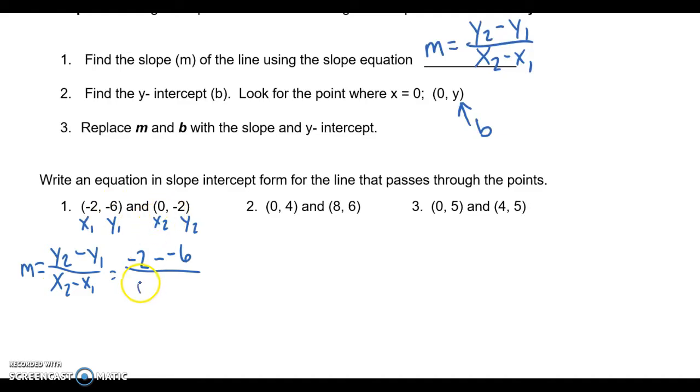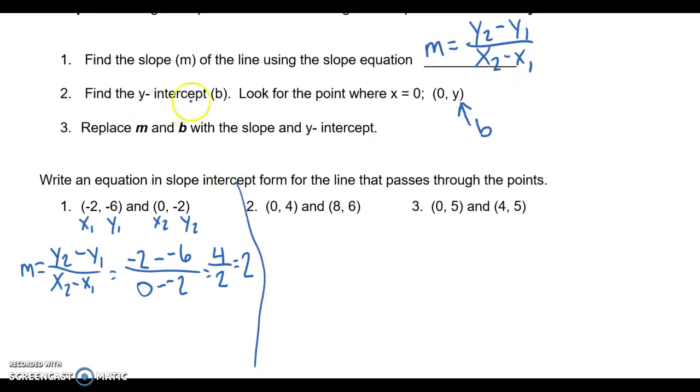Formula says x2, which is 0, minus x1, which is negative 2. Negative 2 minus a negative, this actually makes a plus. Minus negative 6 is going to be 4, and 0 minus a negative actually makes a plus, 4 over 2, which is 2.